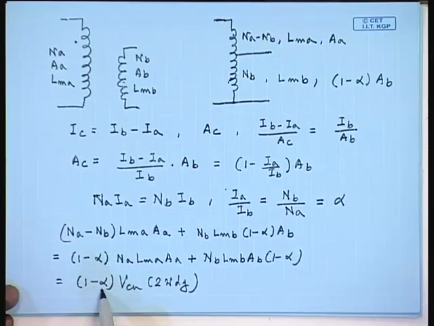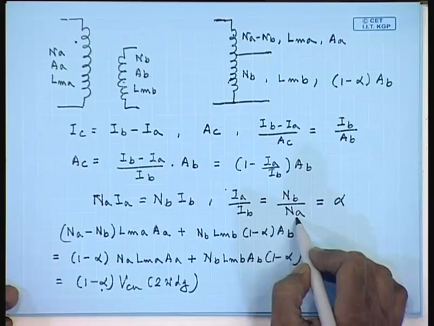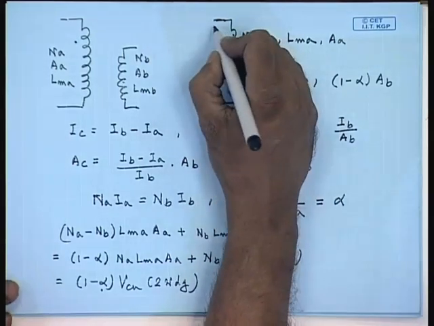Therefore, where electrical isolation is necessary, we cannot use an auto transformer, but if electrical isolation is not very important, it is advantageous to use an auto transformer, particularly when the quantity alpha, that is NB by NA, which incidentally is also the voltage ratio.